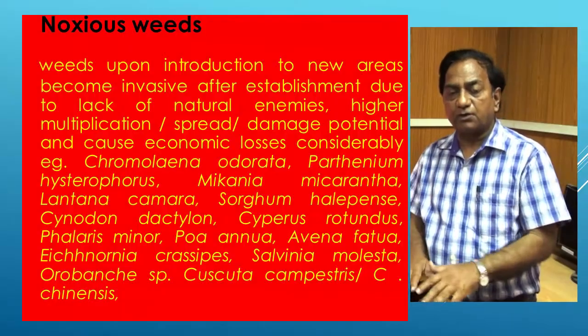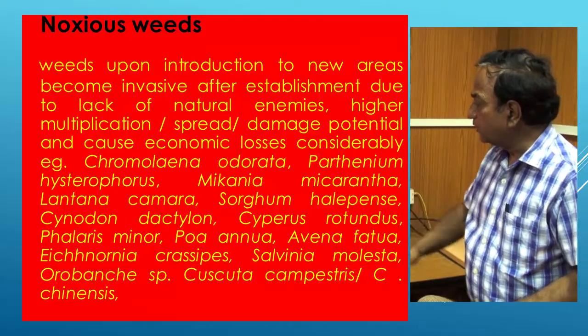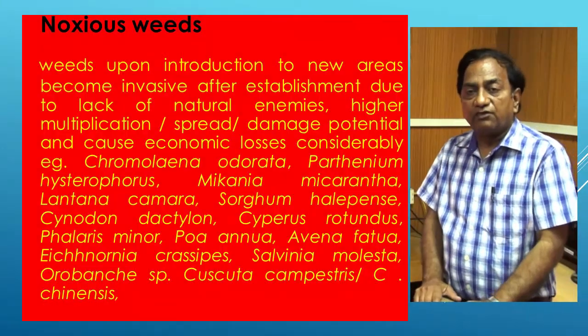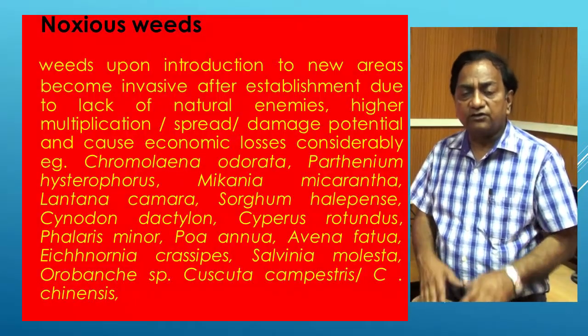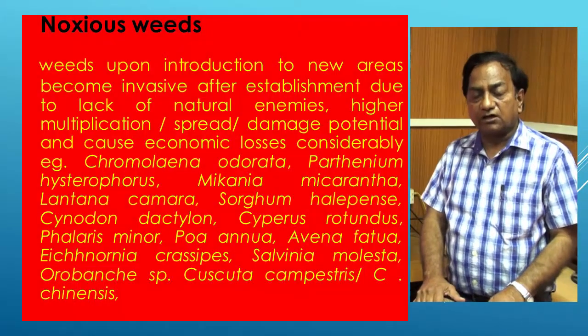So it is widely adapted because it has no natural enemies to control it. Similarly, Mikania micrantha and Lantana are very noxious weeds, and they came to India incidentally or accidentally, and they are creating problems.